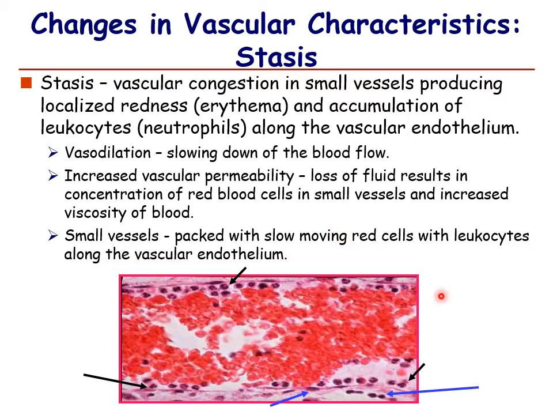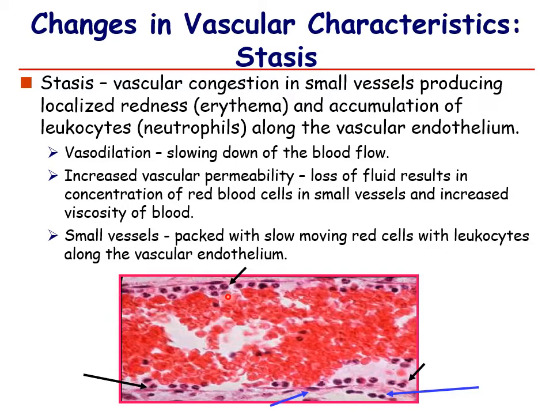You can see that there are red blood cells, all congested, stained red, while leukocytes are pushed against the vascular endothelium. The black arrows show the cells stained dark purple, which are the leukocytes, mainly neutrophils, all along the vascular endothelium.